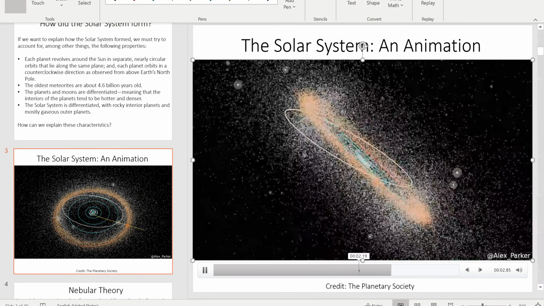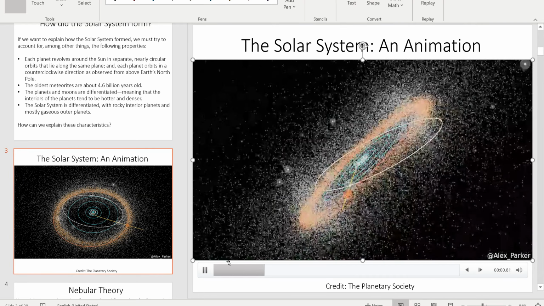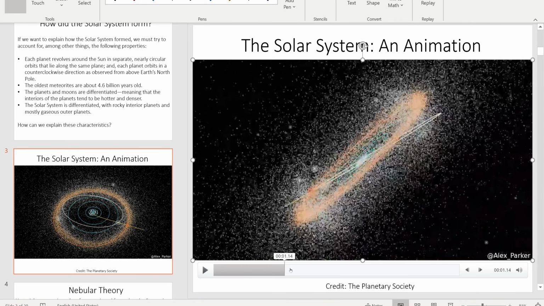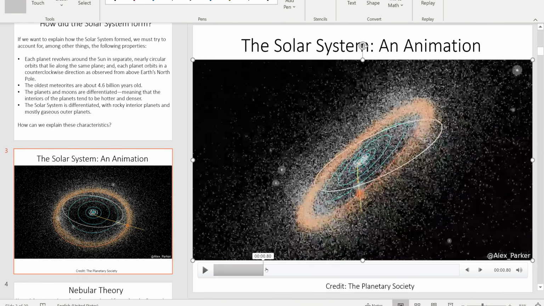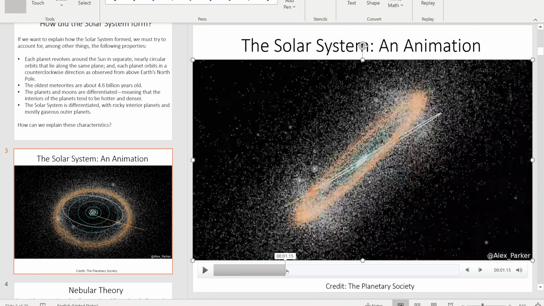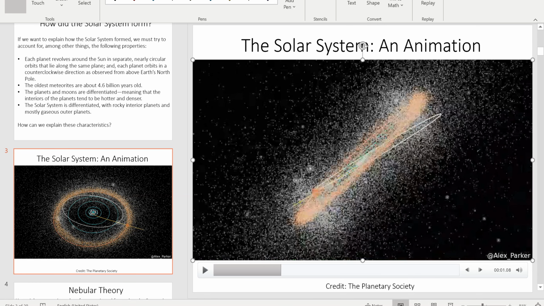You can see here, if I just pause it and move it around, that the solar system is a plane. You can think of it as sort of like a pancake. The yellowish orbit that is angled with respect to the plane is Pluto's orbit.